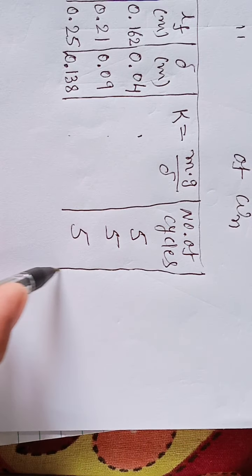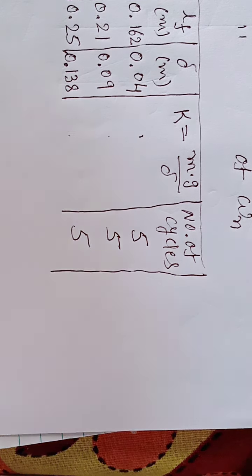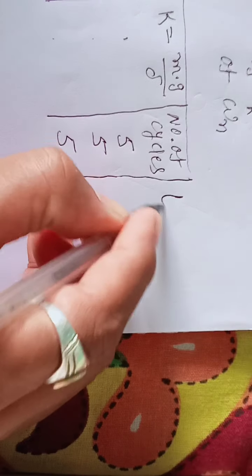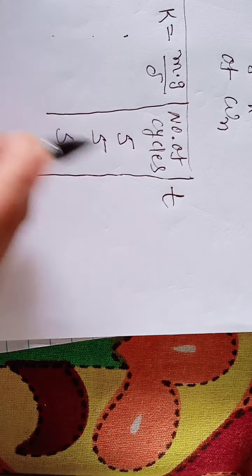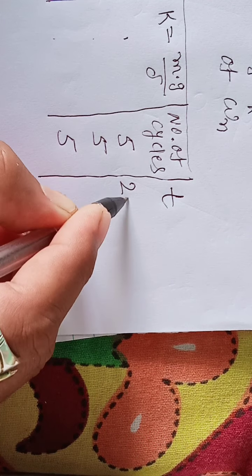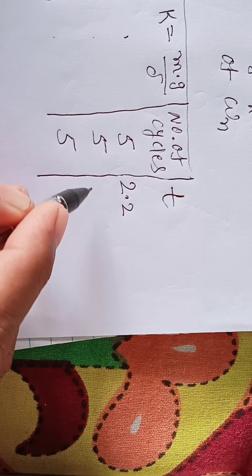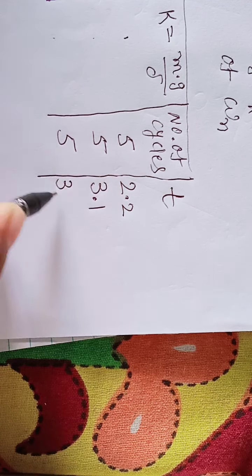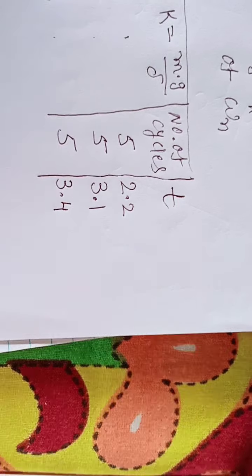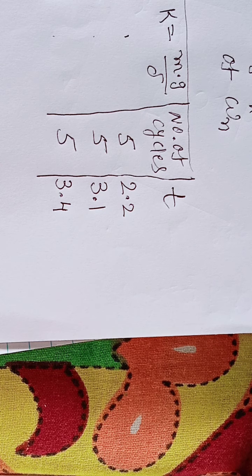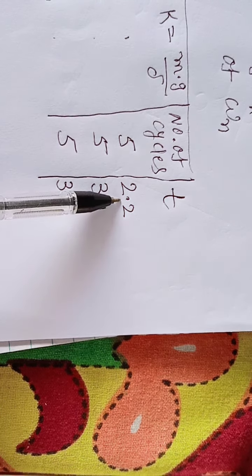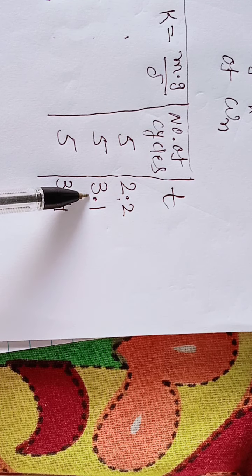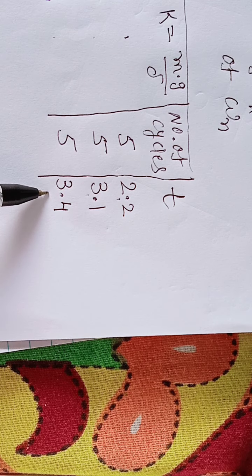Now with the help of a stopwatch we are going to measure the time period. Time period T is, for the first case 2.2 seconds, for the second case 3.1 seconds, and then 3.4 seconds. Why? For the first case mass is 0.1 kg, here it is 0.2 kg, here it is 0.3 kg.